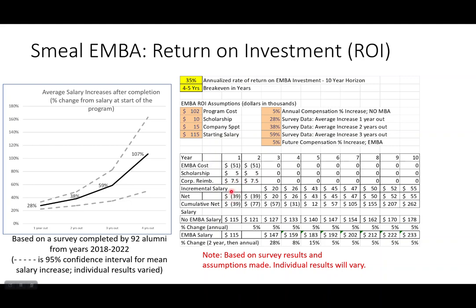So the net cost for the first 2 years is $39,000 in the first year, $39,000 in the second year. And then you'll notice I have a row here called cumulative net cash flow.